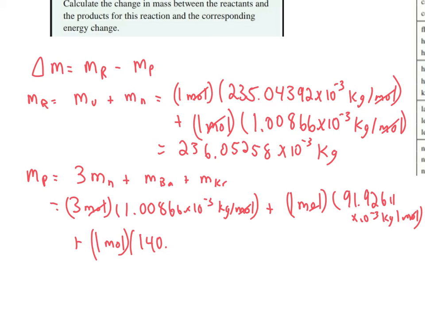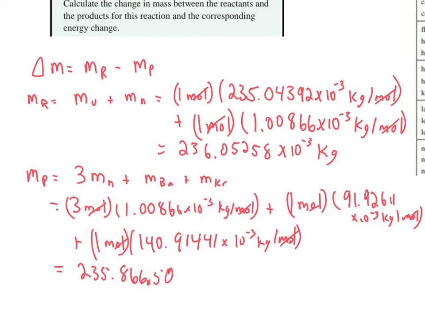So that would be 140.91441 times 10 to the negative 3 kilograms per mole. Moles cancel out, and we are left with, so our mass of our products is going to be 235.86650 times 10 to the negative 3 kilograms.